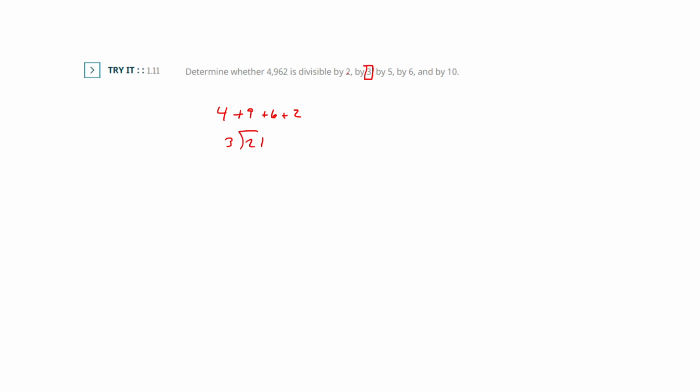So I'm going to put a little box around it. Okay, 5, no, it doesn't end in a 5 or 0. 6, oh, hold on, we said this one was true too, so let's put a box. Now 6 is true if it was divisible by 2 and 3, so yeah, it was. So it's also divisible by 6. 10, no, we've got to end in 0, so no.